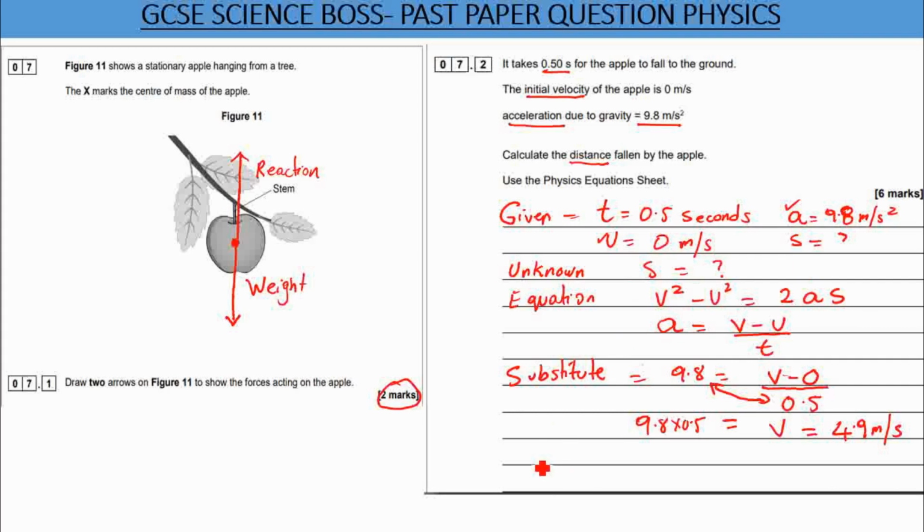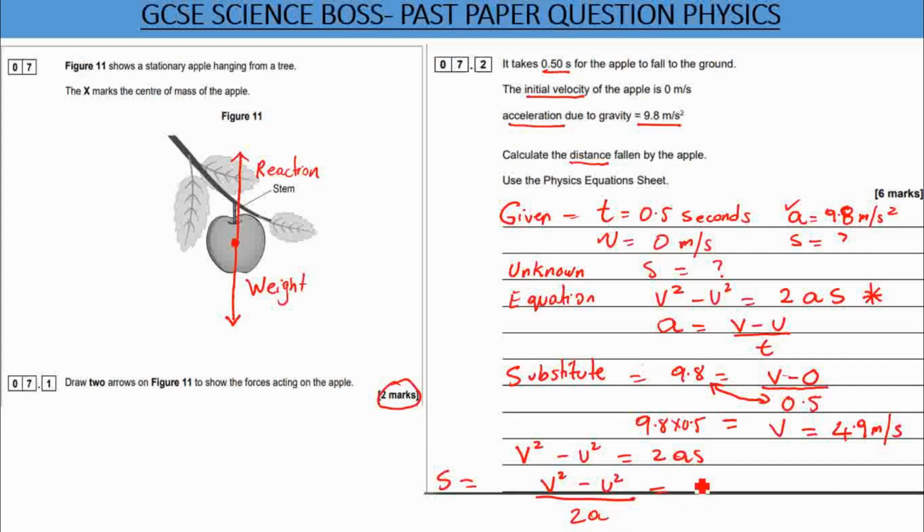Okay, so now we're going to rearrange that equation here. So we have V squared minus U squared is equal to 2AS. All right, so we require S. So S is going to be equal to V squared minus U squared all divided by 2 times the acceleration.